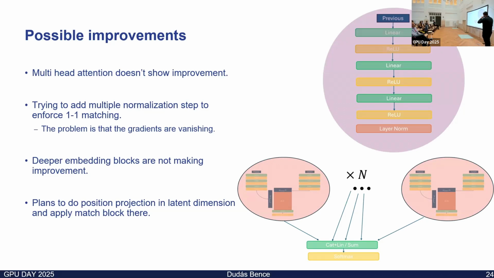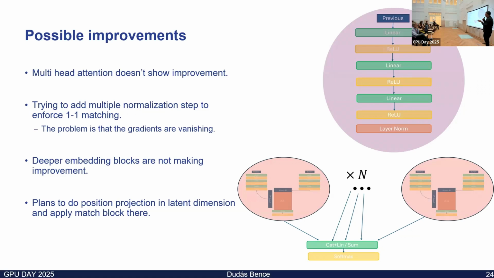And the third thing, which I'm currently working on, and we think it could improve the model, is that it's an often problem that sometimes particles are not matched one-to-one, because it's not restricted in the model.